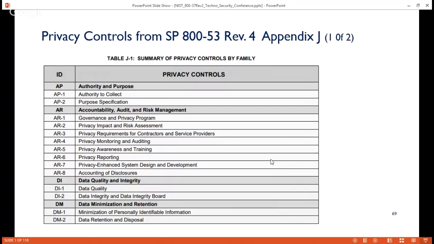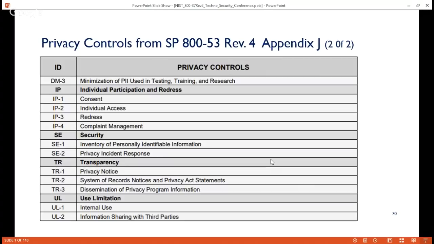That's the governance and privacy program, privacy impact and risk assessments, privacy requirements for contractors and service providers. You're looking at privacy monitoring and auditing, privacy awareness and training, privacy reporting, privacy enhanced system design and development, and accounting of disclosures. Then you have controls that relate to data quality and integrity, controls that relate to data minimization and retention, controls related to individual participation and redress.